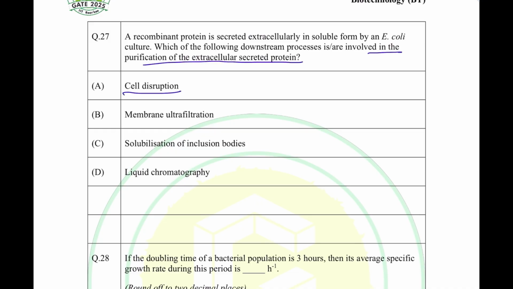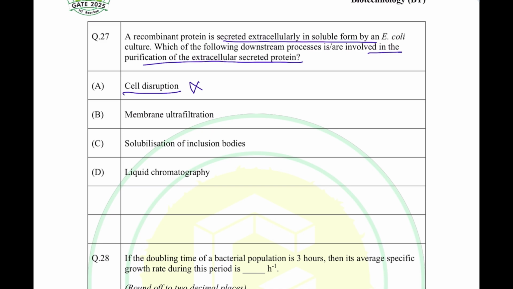So here it is said that the protein is secreted extracellularly in soluble form by E. coli. So the protein is already extracellular, so we do not need to break open the cell. So cell disruption will not be the correct answer.